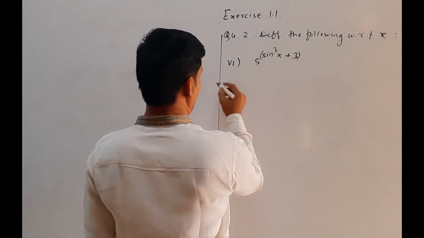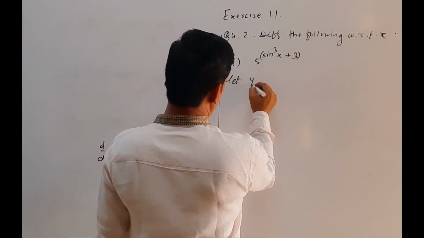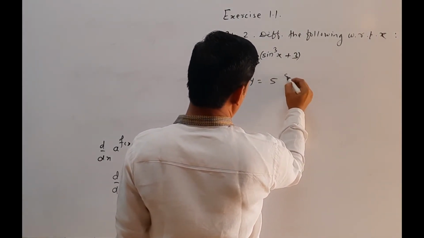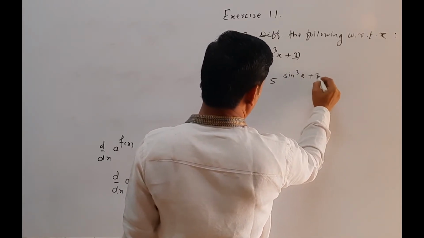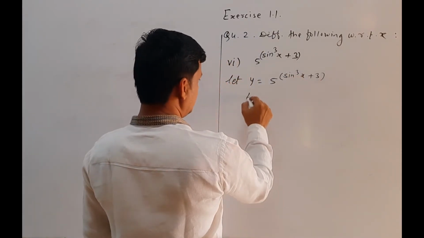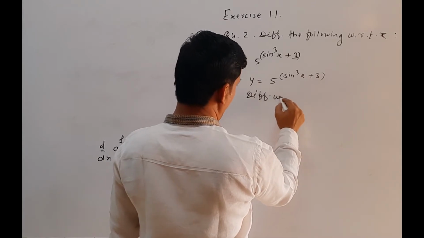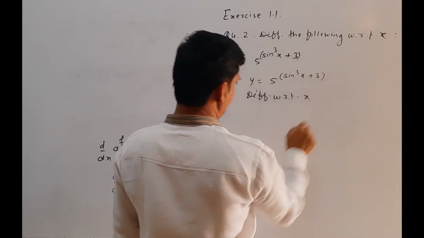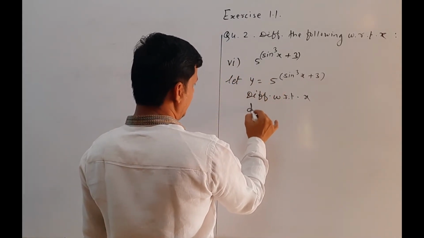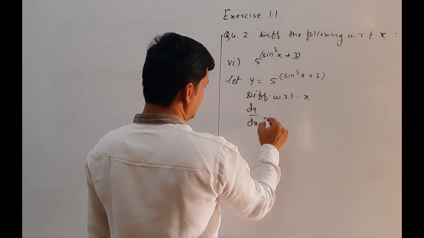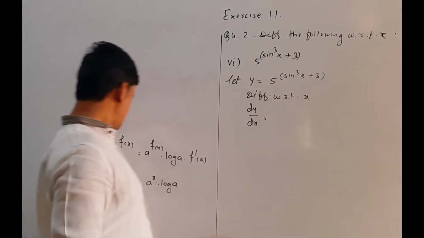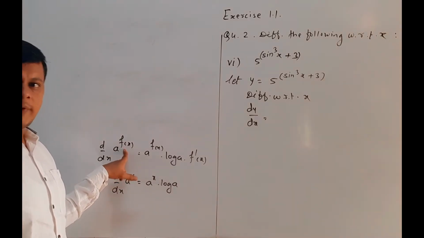So we write this as, in the solution, let y is equal to 5 raised to the power sin cube x plus 3. So we write here differentiate with respect to x. So the derivative of y with respect to x, we write dy by dx. Here we have to apply the a raised to the power f of x form.